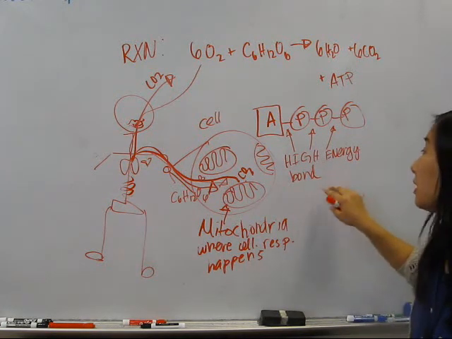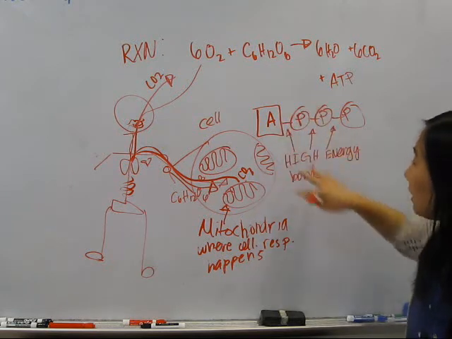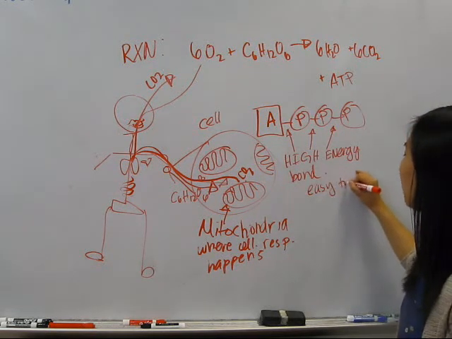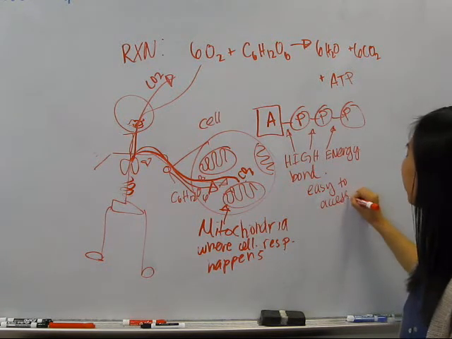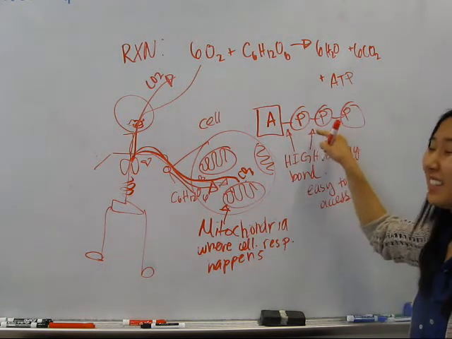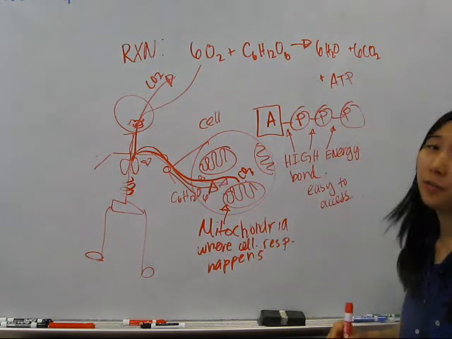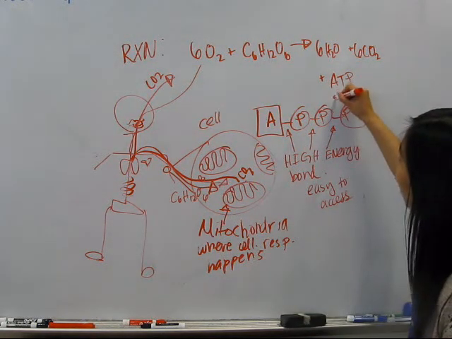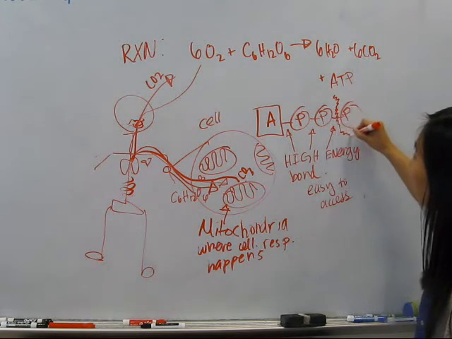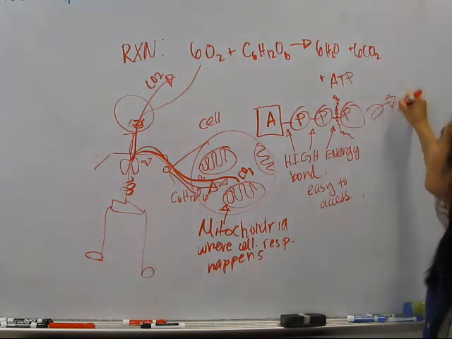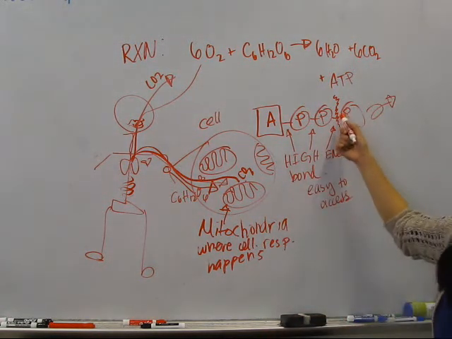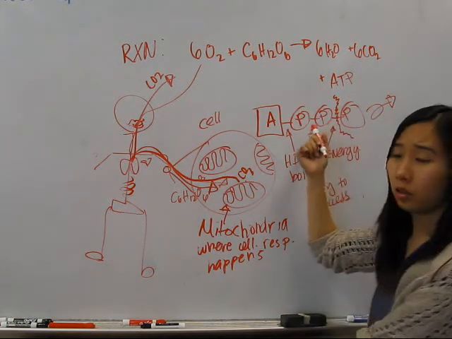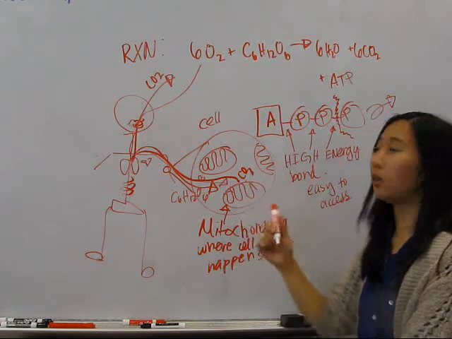And your cell uses ATP because it's very easy to access. These bonds are pretty unstable, so they're very easy to break. When you break this bond, one of these phosphates jumps off. All of the energy that used to be in that bond, you can now use to do whatever you want. Run, jump, skip, play, right?